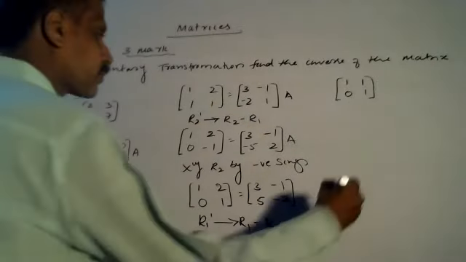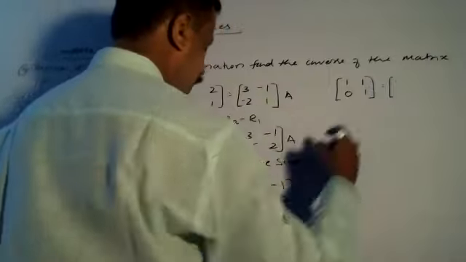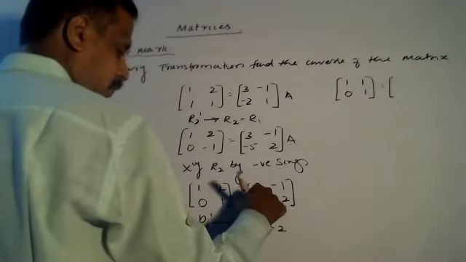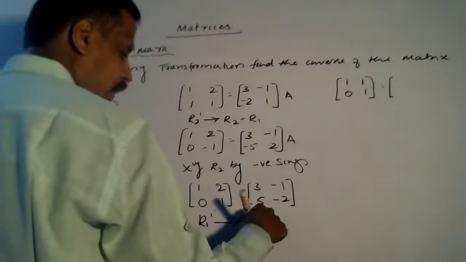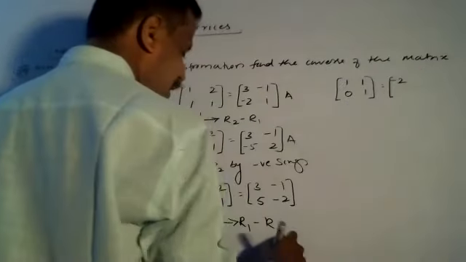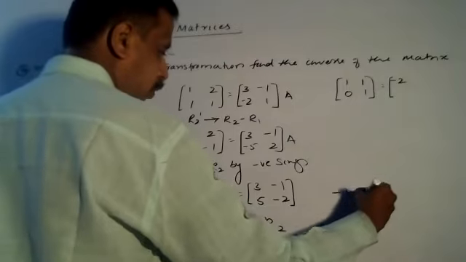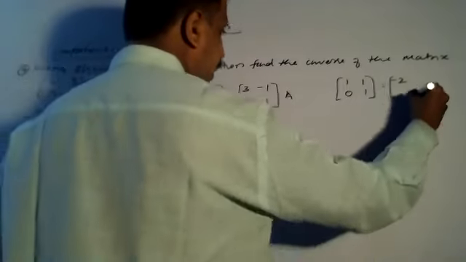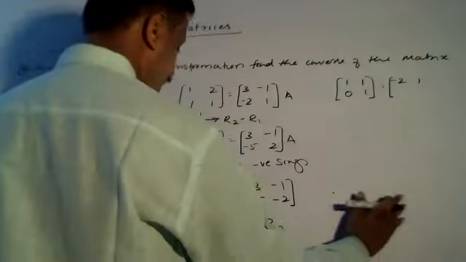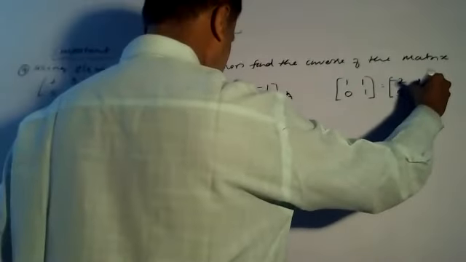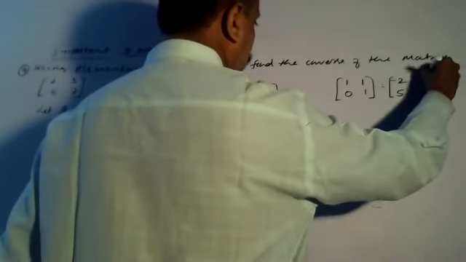Next, 3 minus 5, minus 2, and minus 1 minus of 2, minus 1 plus 2, answer is 1. Next, 5 minus 2.